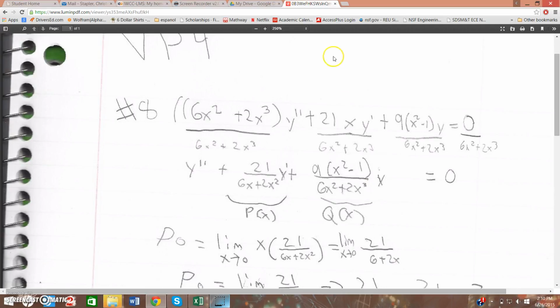And so I start by dividing everything by the coefficient of y double prime.